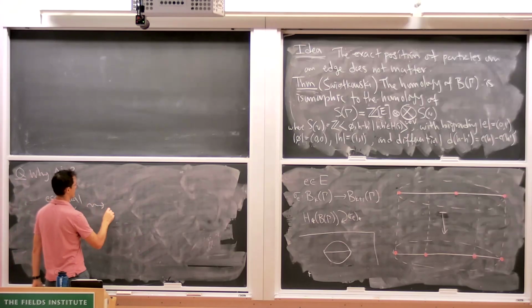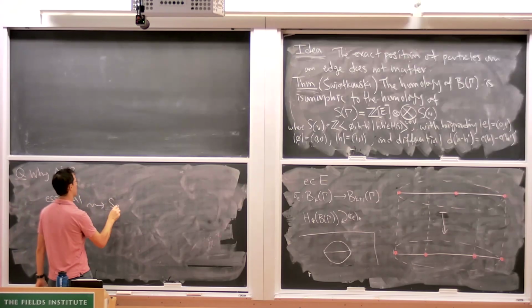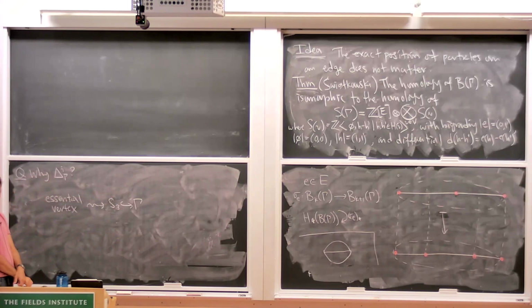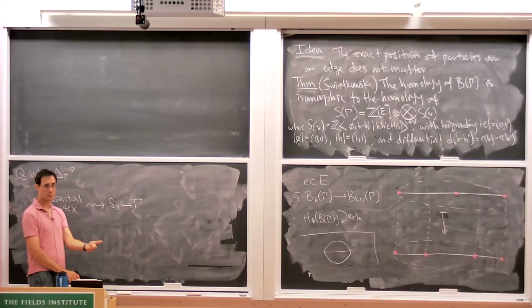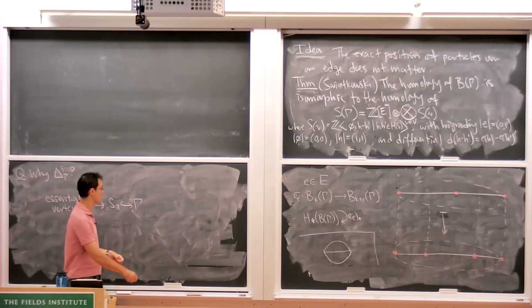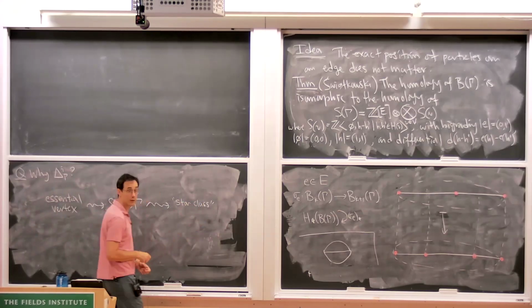So we have an embedding of S3 into gamma. And what that produces is a map at the level of configuration spaces. We know that the configuration space of 2 particles here is a circle. And so we can take that homology class and push it forward into our larger graph. That produces what we call a star class in homology.